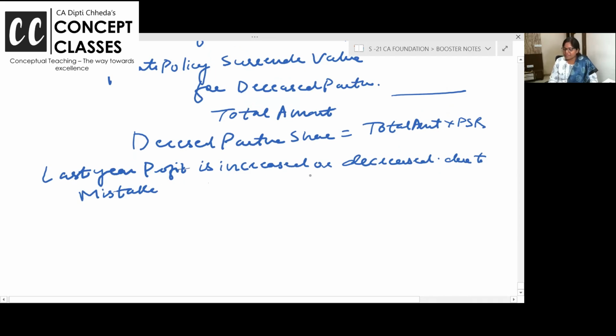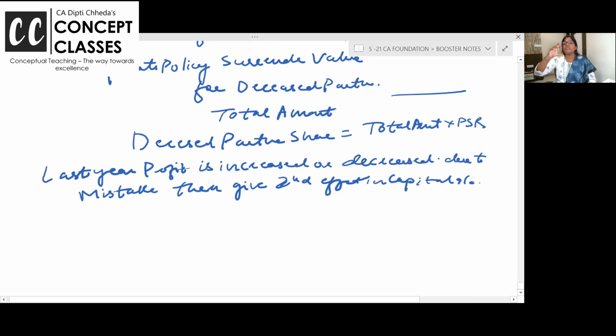Then give second effect in capital account. Correct or not? Last year it was under insurance, so now when you charge insurance, last year's profit, the extra, has already gone into the capital account, so debit it. Give second effect in the capital account.